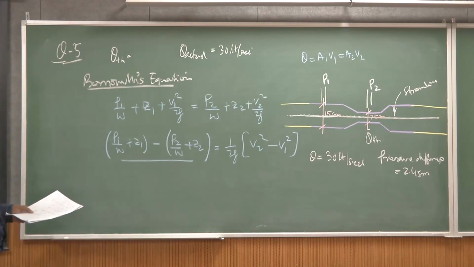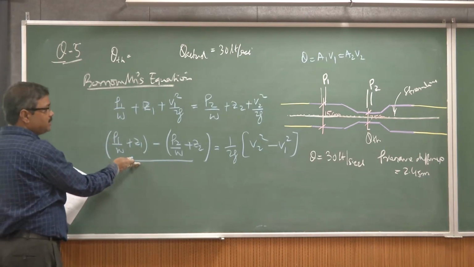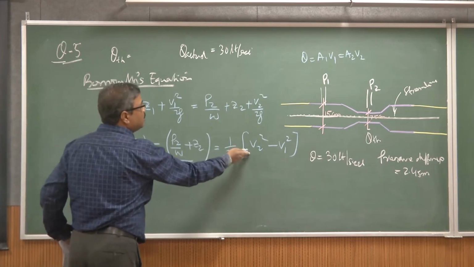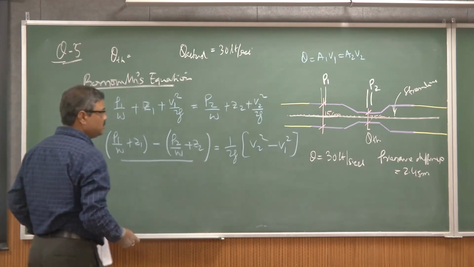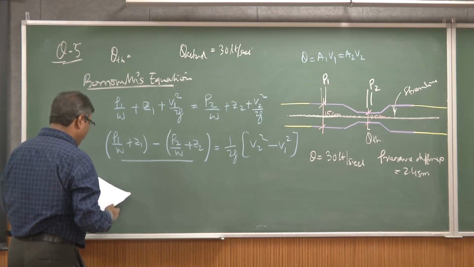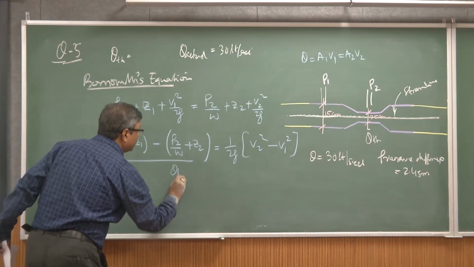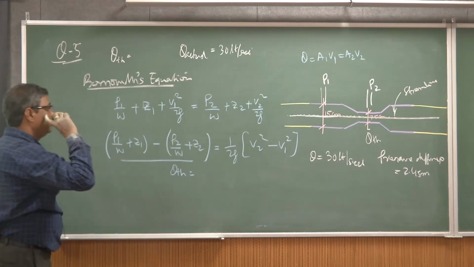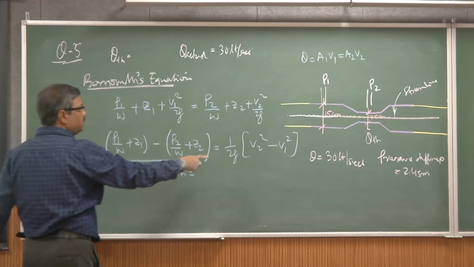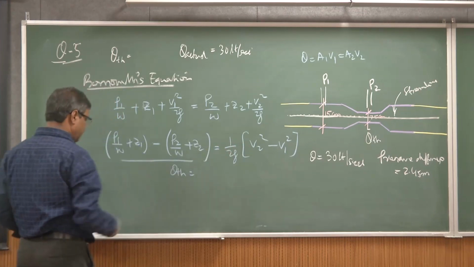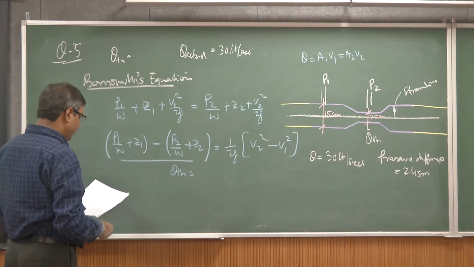This is given to us. In terms of Q we can write these values. If I do that, I get the Q theoretical value from this equation in terms of A1 and A2.